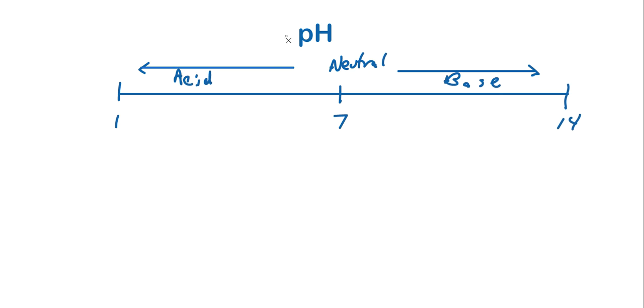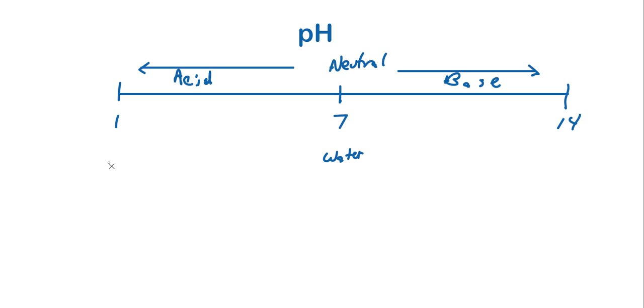So pretty much everything in the world falls into the acid and base categories, except for right in the middle is water, 7. And we're going to learn just a little bit that water can be either an acid or a base. So as far as liquids go, pretty much everything falls into the acid or base category.